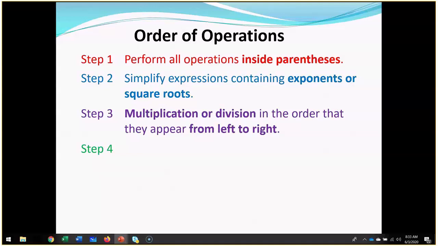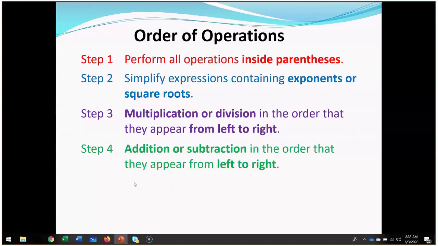So if you see a division sign first in a problem and then a multiplication comes later on, you need to divide first. Then you multiply. This is all one step. These are not separate. And it's the same for the last one. With addition and subtraction, you do that left to right in the order that you see them in the problem.